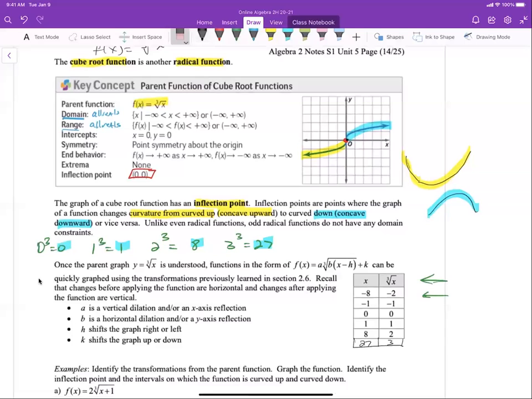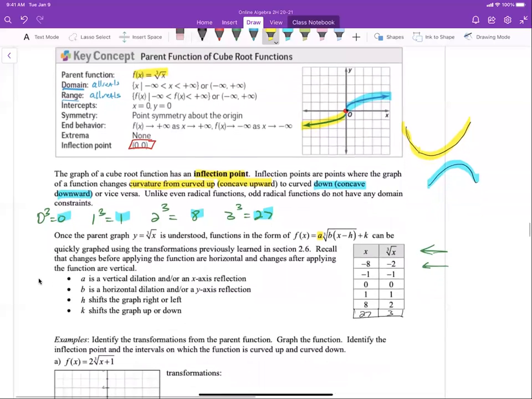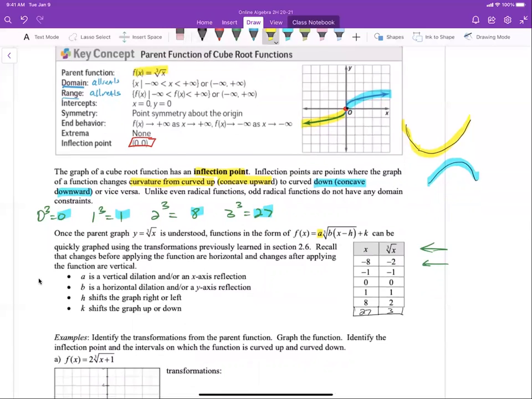Okay, just like in the past, we have this parent function, and if we have these values a, b, h, or k, we can use transformations to determine how that impacts our graph. So for example, a is outside of the parent rule, therefore it is a vertical dilation.